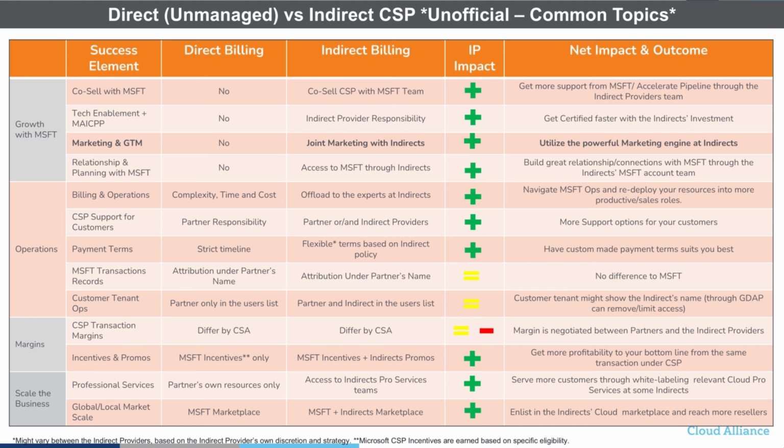And you still have access to all the same incentives that you do as a direct CSP. And potentially, depending on what Microsoft is putting into market, even more incentives, because a lot of times we'll incent the indirect channel to incent their partners as well.